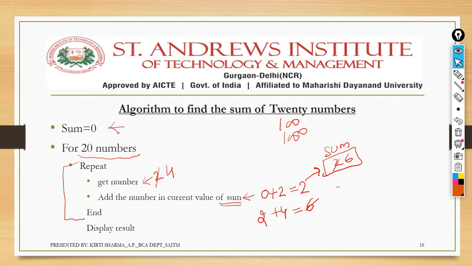And this procedure will repeat a number of times, whatever the number of numbers given here, it could be 20, 100, 1000, but it should be a finite number. It cannot execute for an infinite number. So at the last, whatever you get as the resultant, it will be displayed here. I hope you are getting this point.